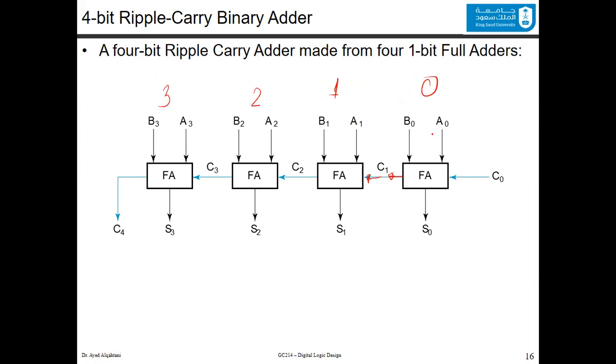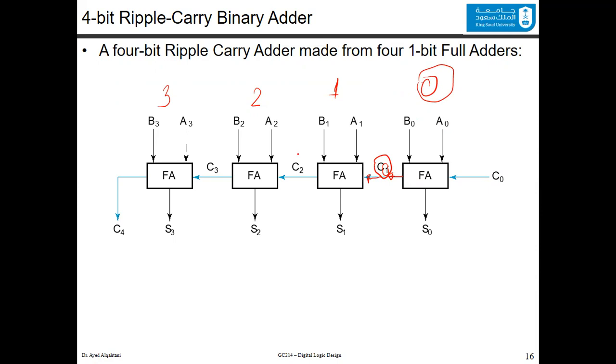Looking at the input operands A, B, and C, and also the first output, the sum, they all have the same index, 0. But the resulting carry has the next index, because you have the carry in the next position, which has index 1. And so on.